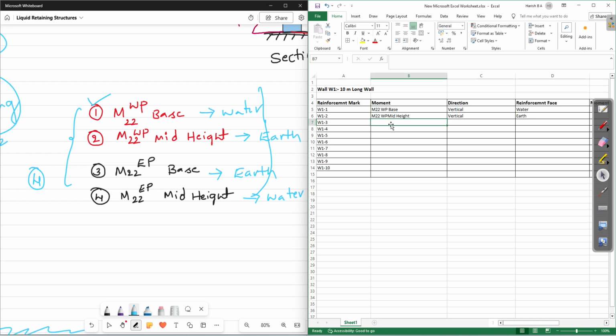Next, the third one will be M22 earth pressure base. So vertical. So phase, earth phase. Next, M22 earth pressure mid height. So reinforcement direction vertical.